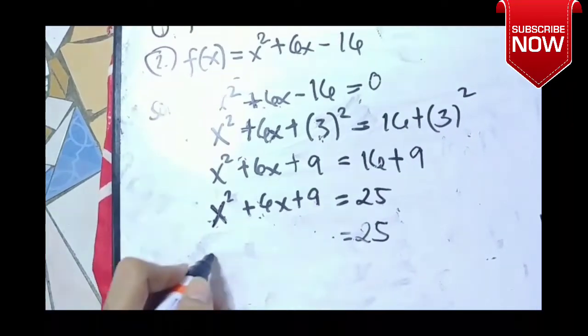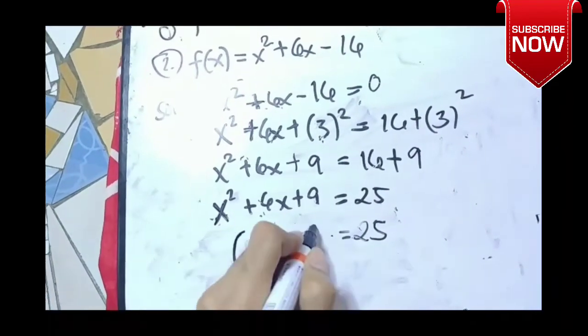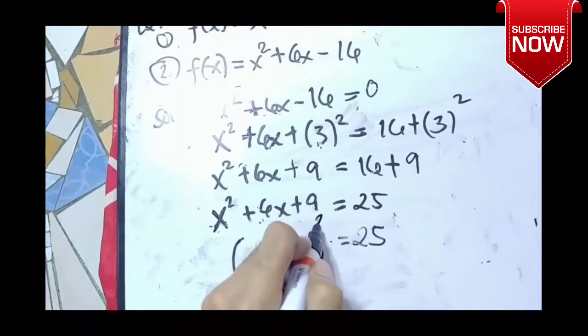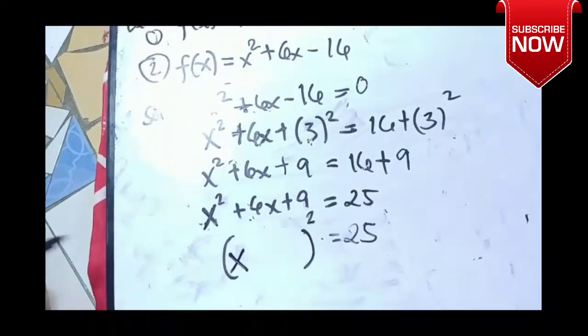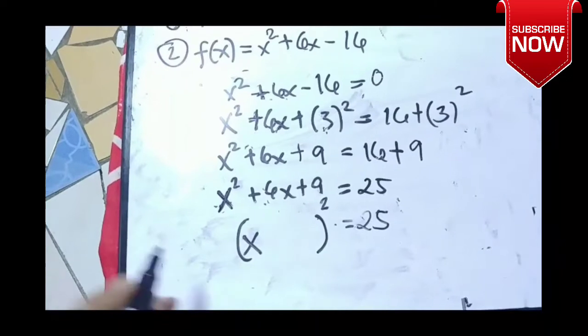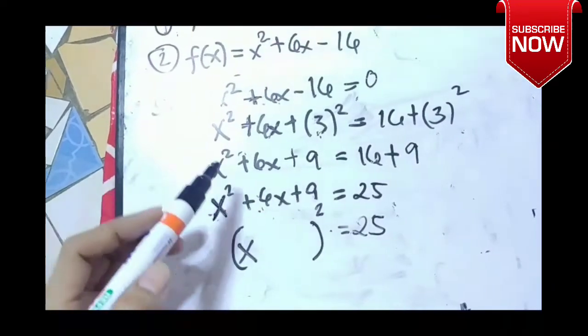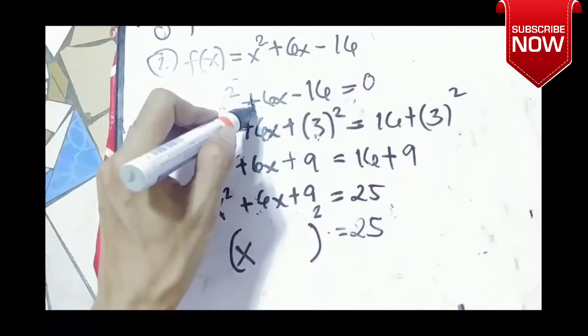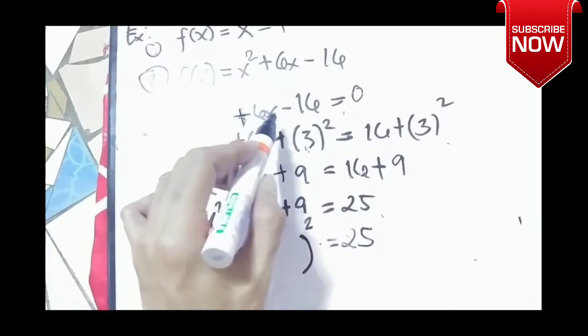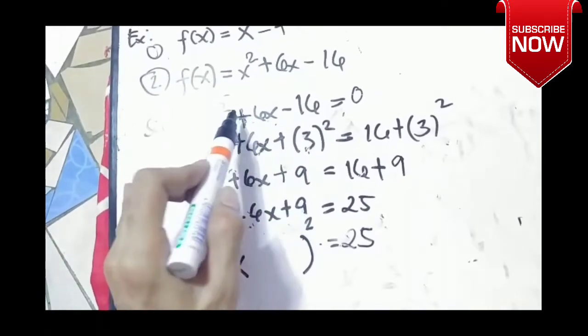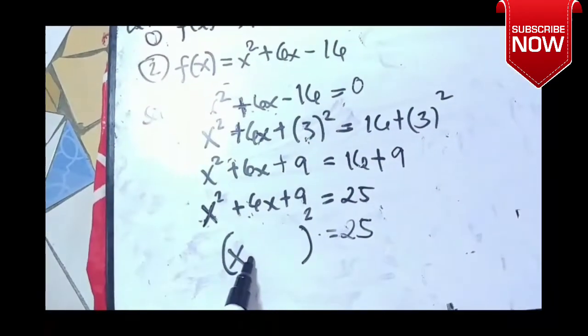So, first and foremost, gawa tayo ng open and close parenthesis and then square. And then, put directly x. Okay. So, just observe kung ano yung sign ng coefficient ng linear term na x. Yun din yung ilalagay natin dito after x.